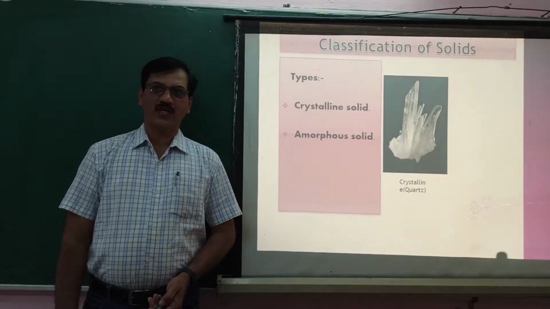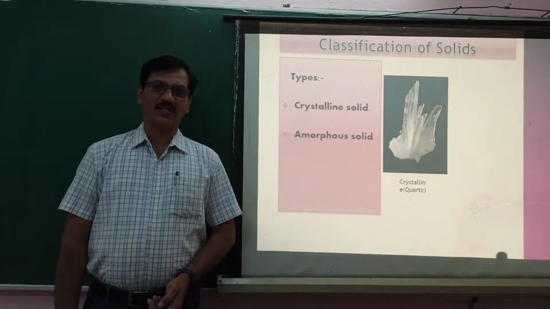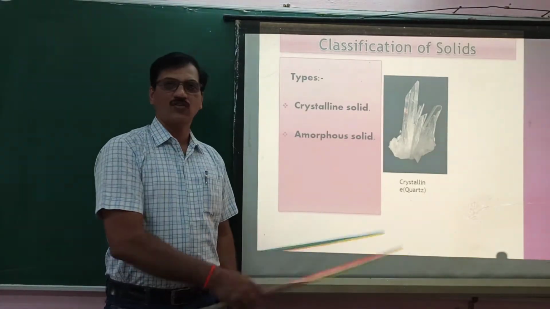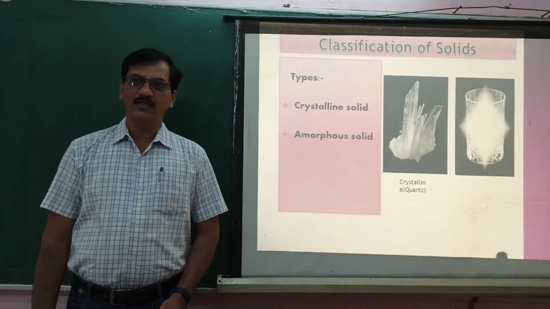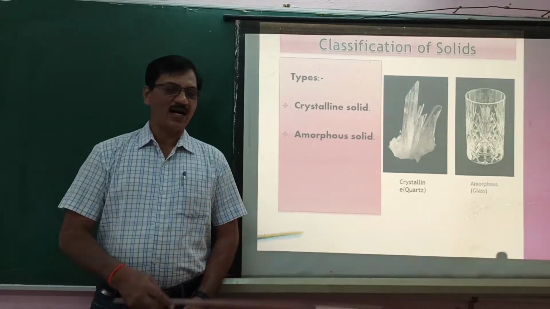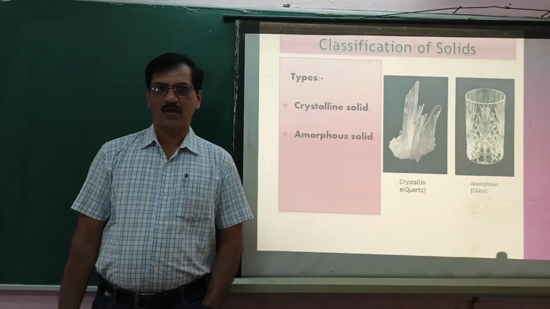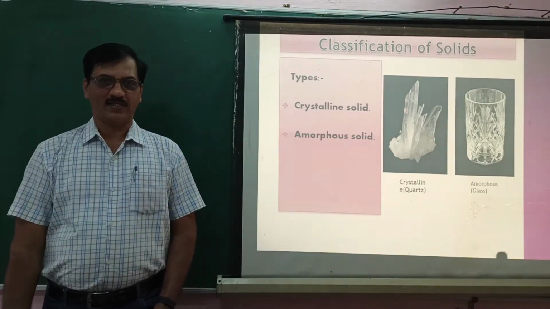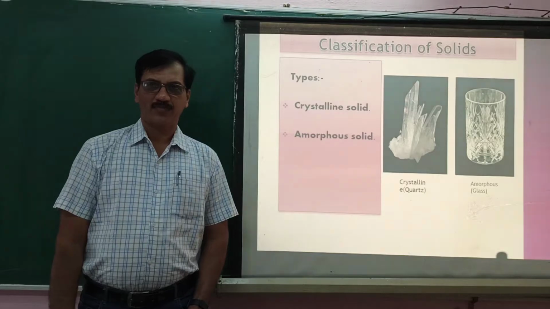You can see that quartz is a crystalline solid. And some are amorphous solids, like glass. Both are called solids, but they differ in their arrangement.